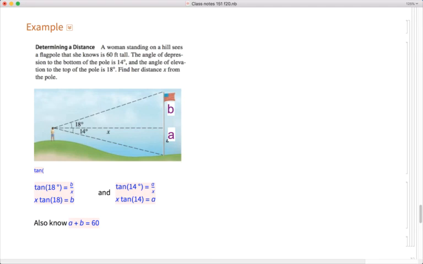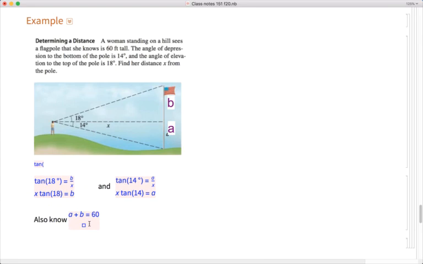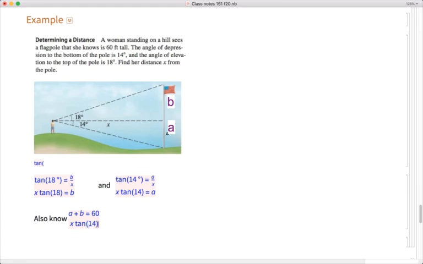So what this tells us, which I have in the reverse order, is X tan 14, that's A, plus X tan 18, that's B, add up to 60. Okay, and we're about at the close of it here.